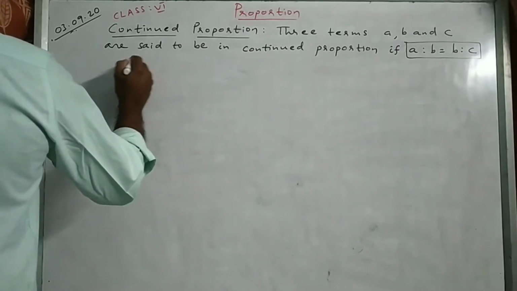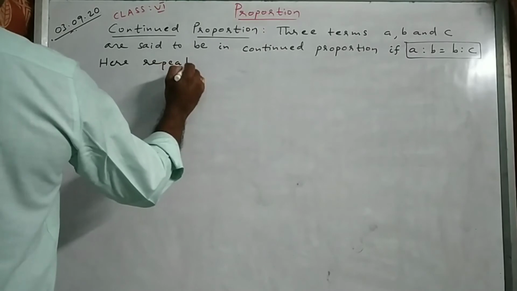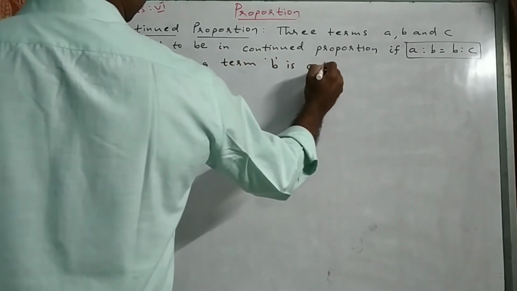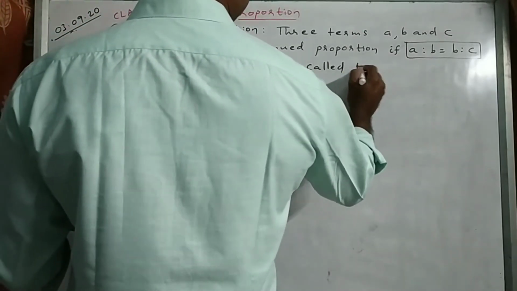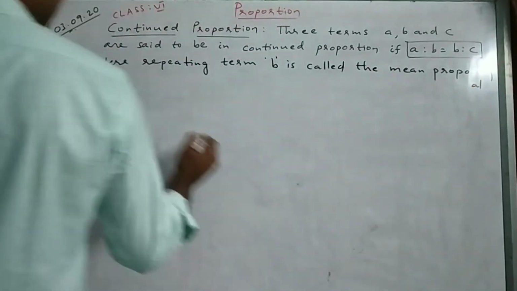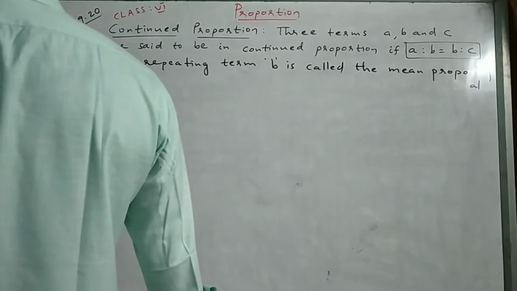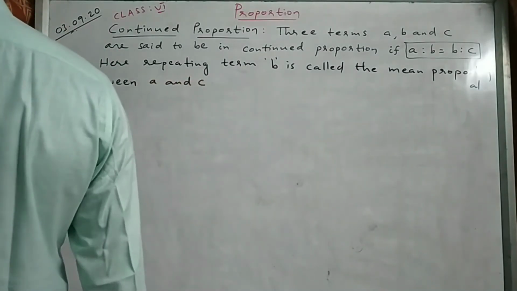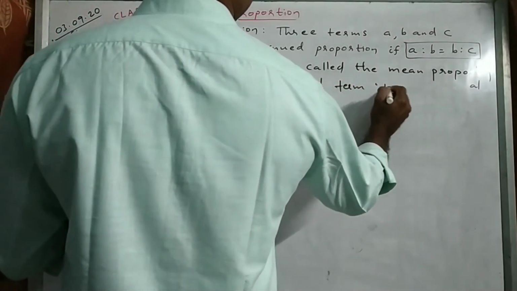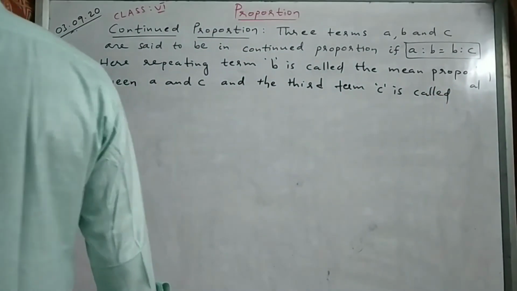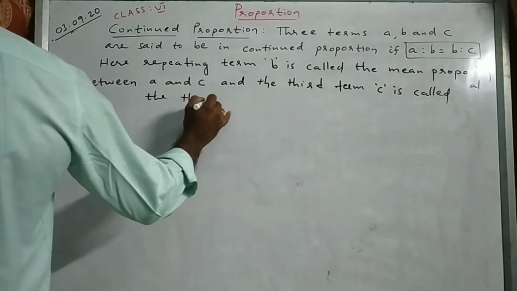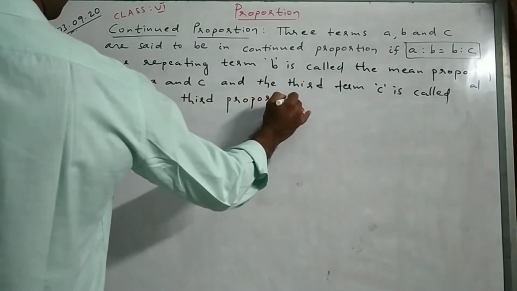What is repeating there? B. Here repeating term B is called the mean proportional between A and C, and the third term C is called the third proportional.